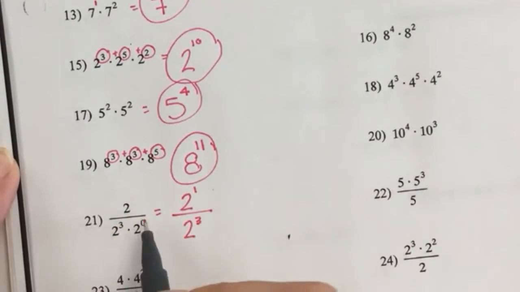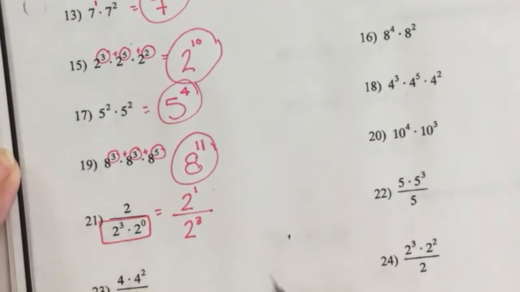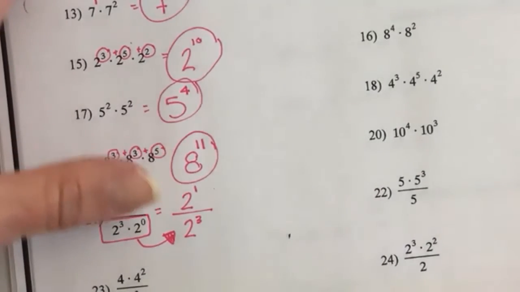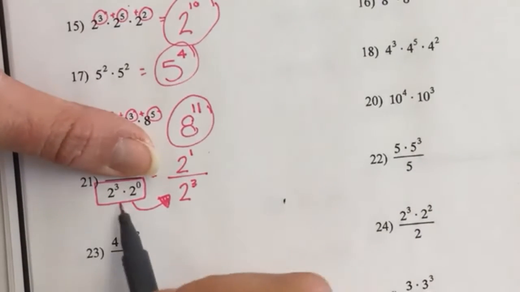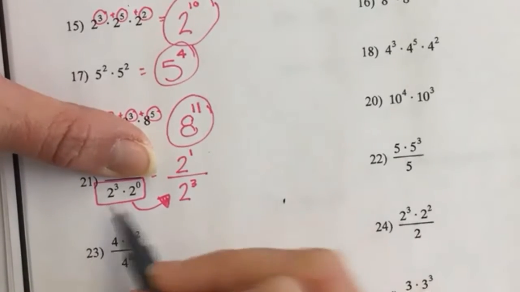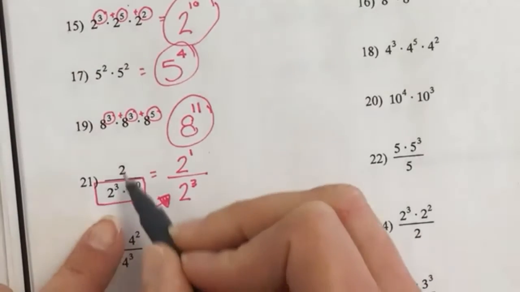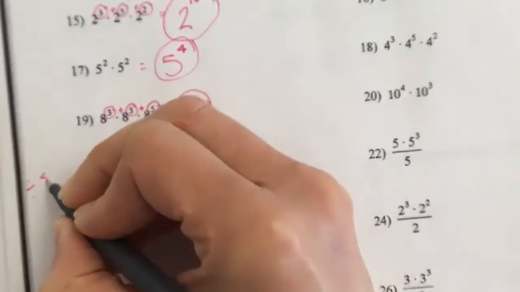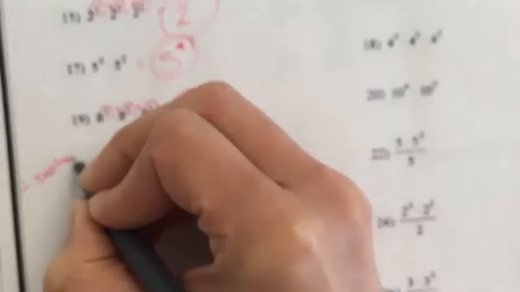So what I did first is I just did this part first. So you add the bottom exponent? Yep, because you basically do order of operations. I just ignored the division, and did the multiplication first, which is what we were doing before. Now I'm going to divide. When you divide, you subtract the exponents.